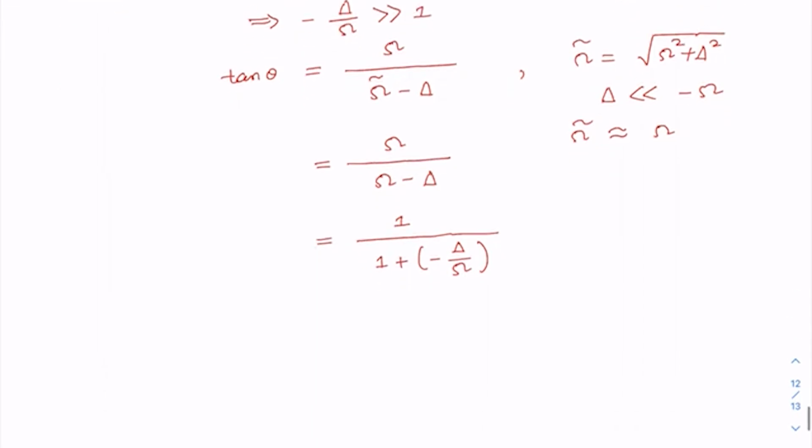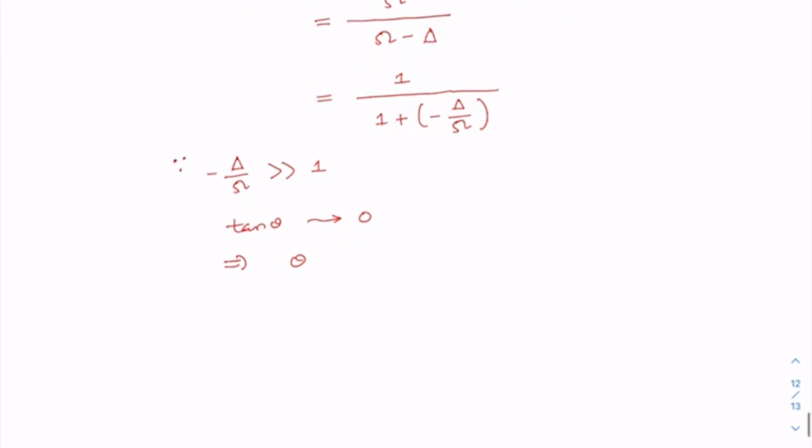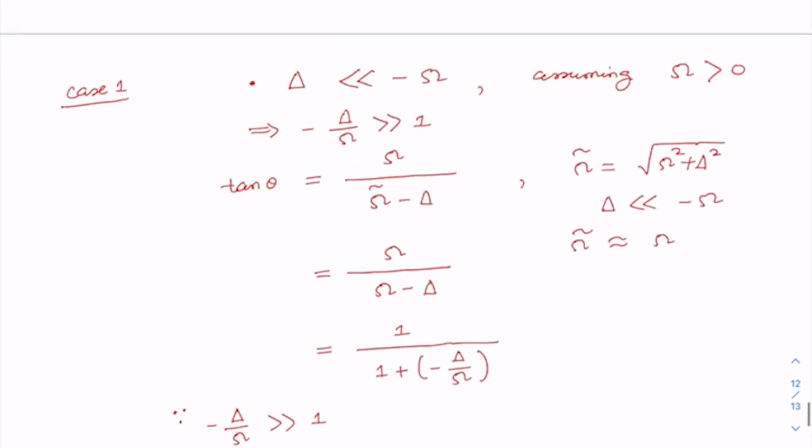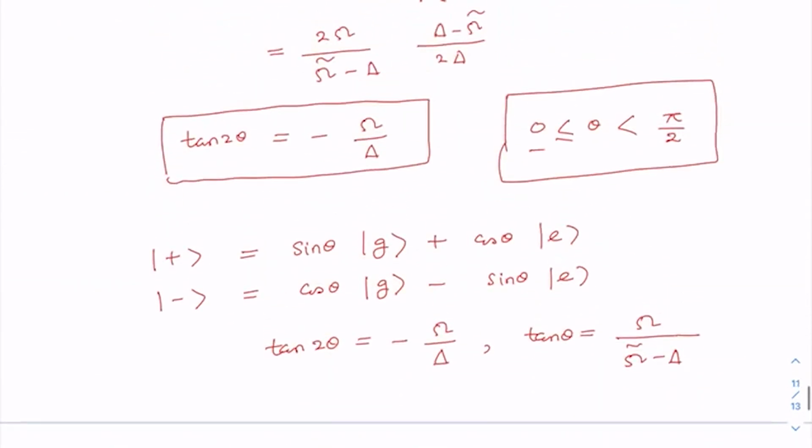So because of this, I can consider that tan theta is approaching 0. That means that angle theta is nearly equal to 0. So this is one of the limits of the angle that we have, one bound.